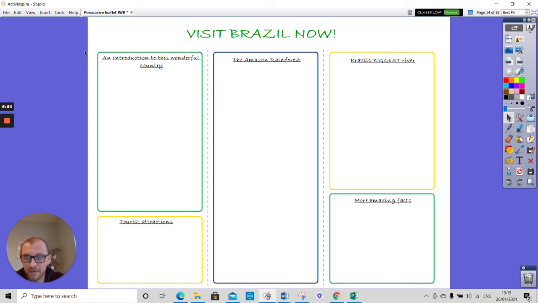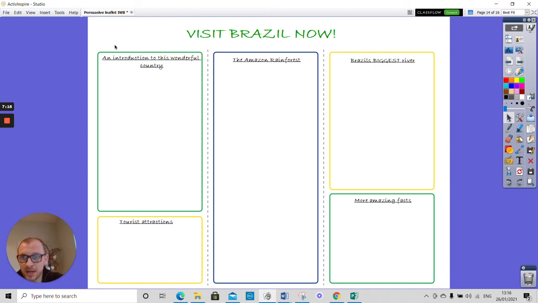So if the length of your page was 45 centimeters, for example, so the width from one side to the other, you would measure 15 centimeters, draw the dots, measure another 15 centimeters, draw the dots. But you need to check what the measurement is and split it into 3 equal parts.